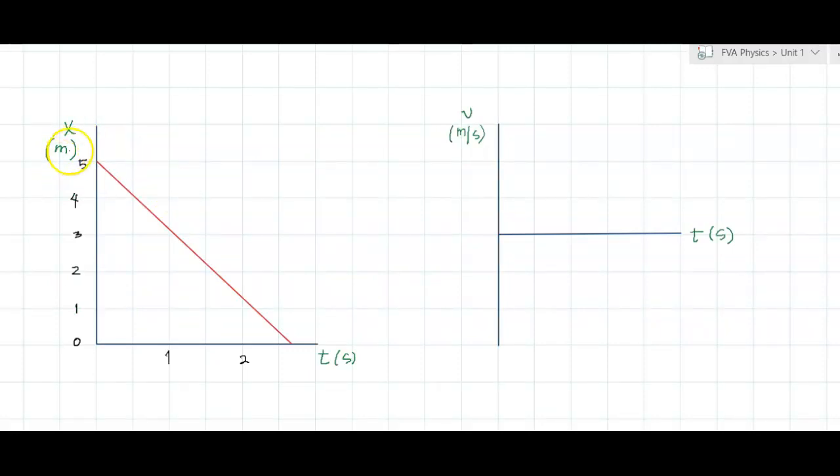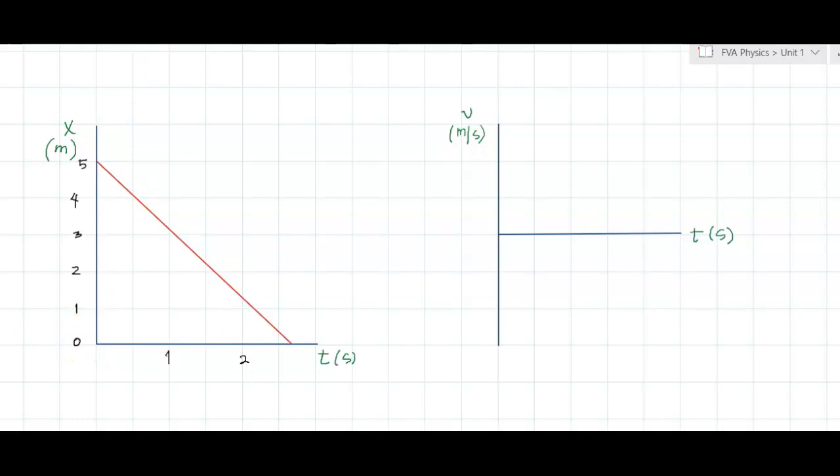Let's look at another case where our position starts at a positive 5 meters, and then over time, at 1 second, 2 seconds, the object moves to positive 4 meters, positive 3, positive 2, positive 1, and then eventually to the origin, the reference position, or 0 position.